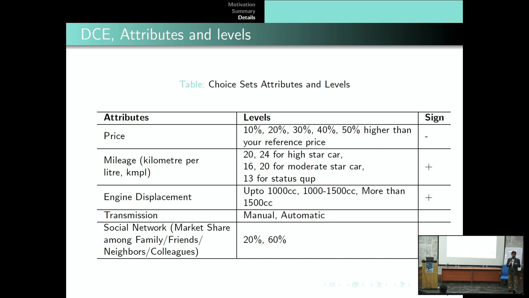It's a lot easier. Now, I wanted to use the second day to explain in detail our design because it has elements that are a little bit more sophisticated than the basic discrete choice experiment from yesterday, right?